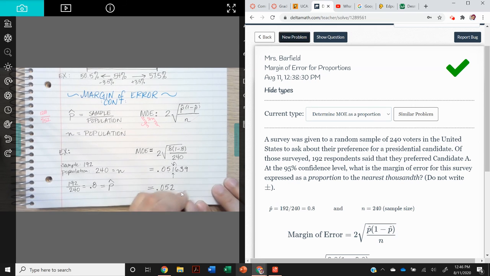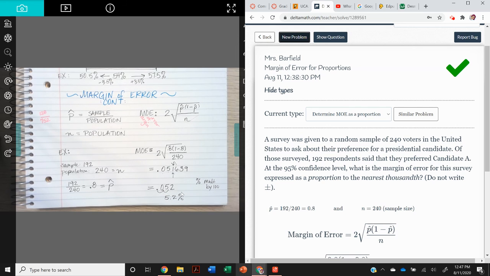If you want to convert to a percent, you multiply by 100. That just moves the decimal 2 places to the right, 5.2%. That's how you're going to do this set of problems. If you need help beyond that, let me know. Text me via Remind or send me an email.